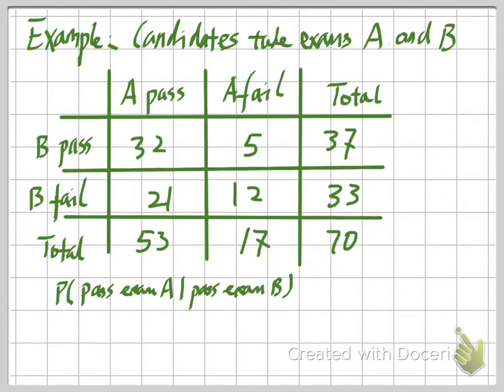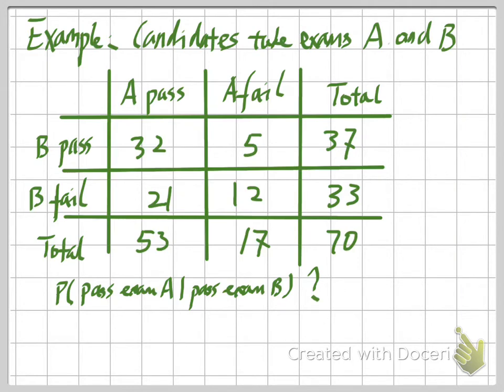In the question, they ask us a conditional probability: what is the probability of people passing exam A given they pass exam B. To compute this, we need to use the formula.